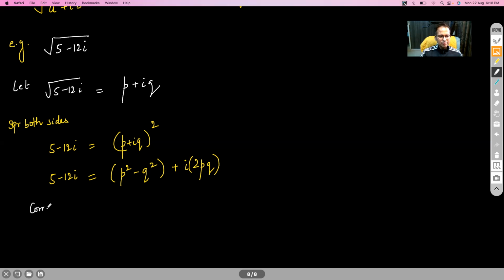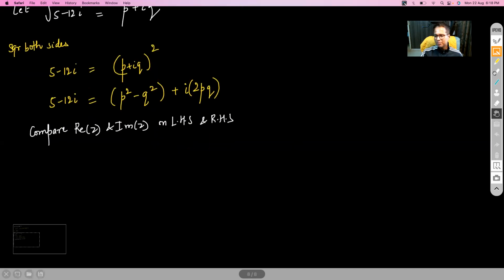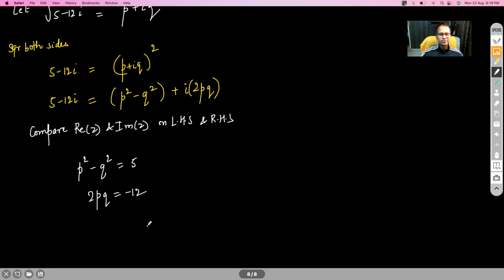All right. So if you compare the real part and the imaginary part on LHS and RHS, let's see what we get. On comparing the real part, we get p square minus q square is 5, correct? And we end up getting 2pq as minus 12.